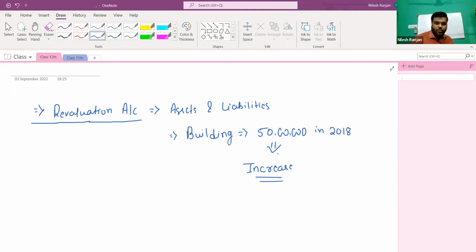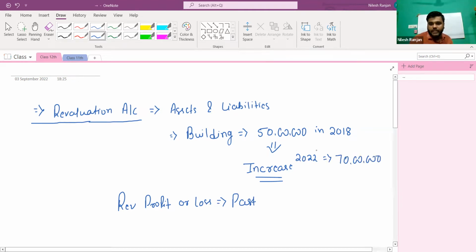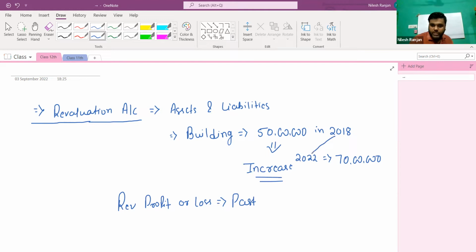So when we talk about revaluation profit or loss, it is related to past. Because if we say that in 2022, value of machine is 70 lakh, then this increase from 50 lakh to 70 lakh is between 2018 and 2022.